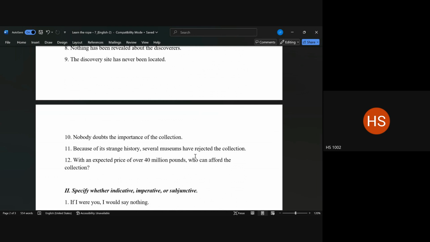Last one: with an expected price of over 40 million pounds, who can afford the collection? It's active form, right? Who can afford the collection is an active construction, right? What would be the passive for this?